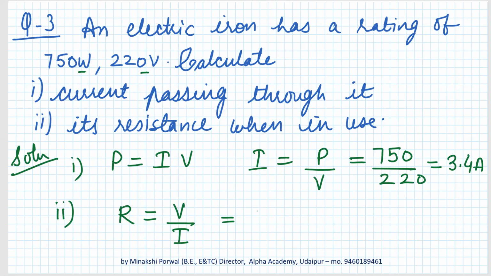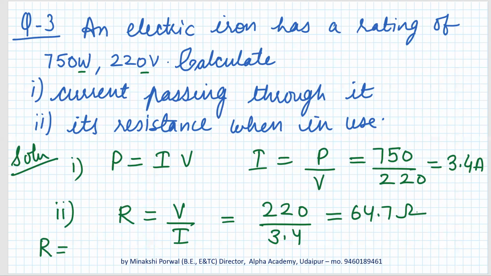So V is 220 and I is 3.4. So this will be 64.7 ohm. Every R can be found.